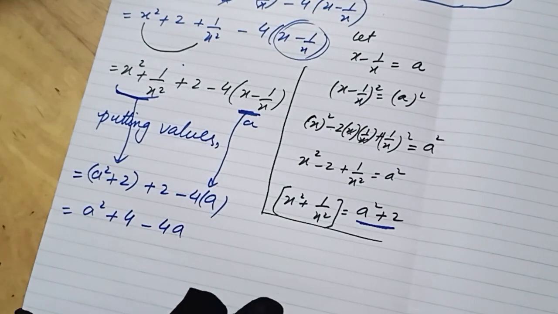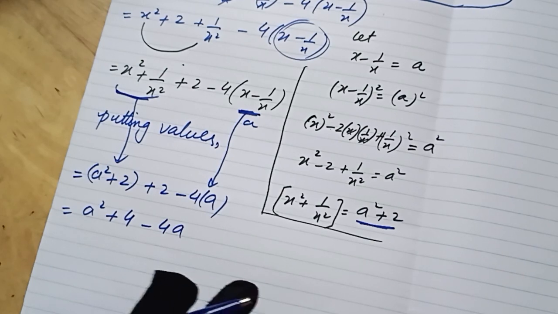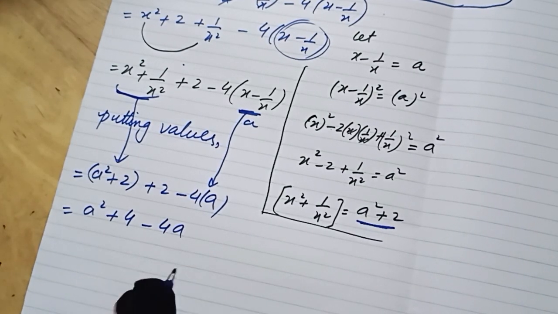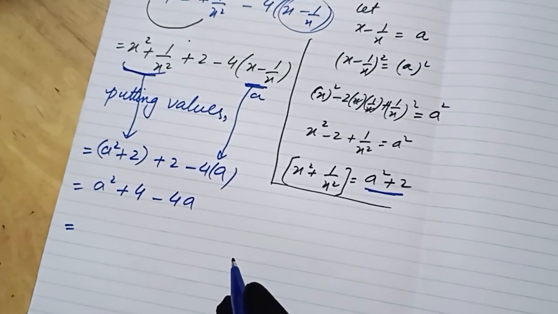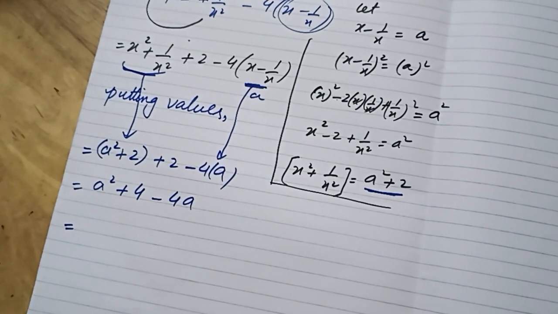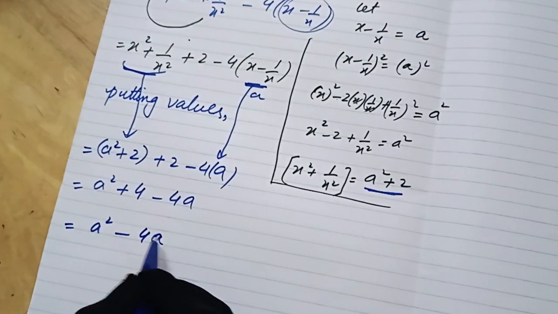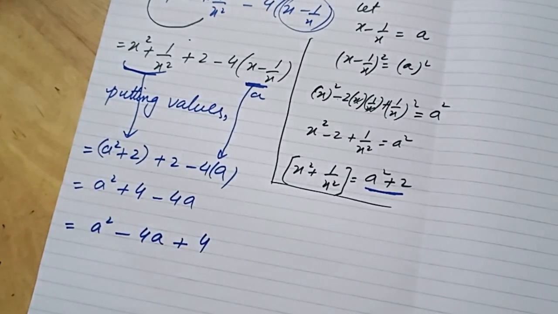At this step, this expression is in a much easier and simplified form, but before taking the square root, before making the factors, first we have to arrange it in descending or ascending power of the variable. So let's arrange. This is our first term, a square. The middle term will be this, because the power is 2, the power is 1, and this is the constant, so it will be written last.